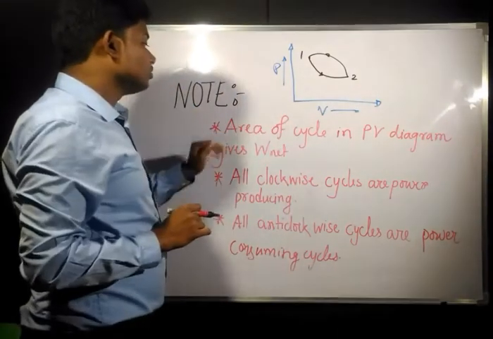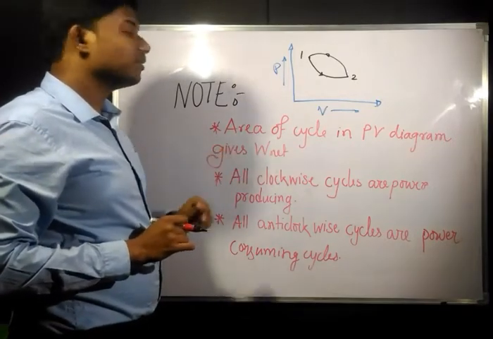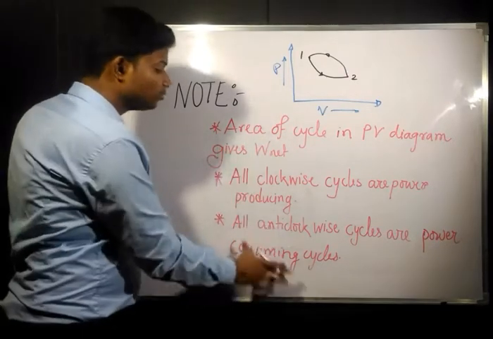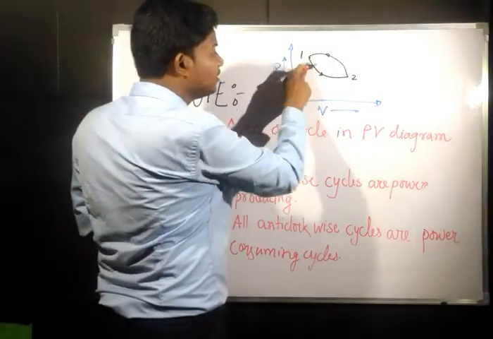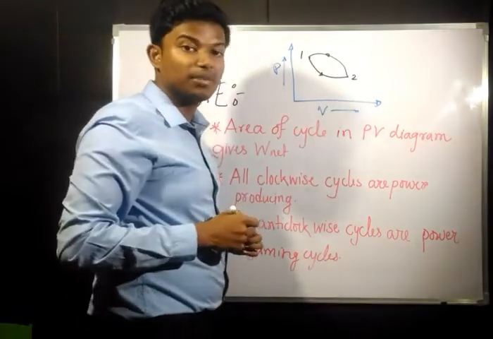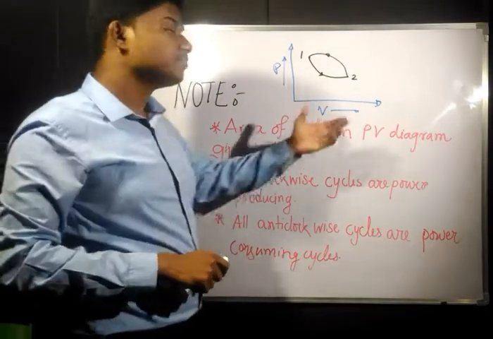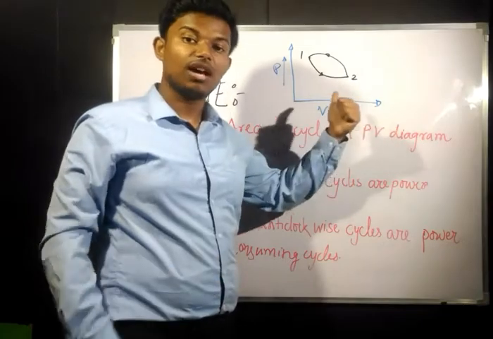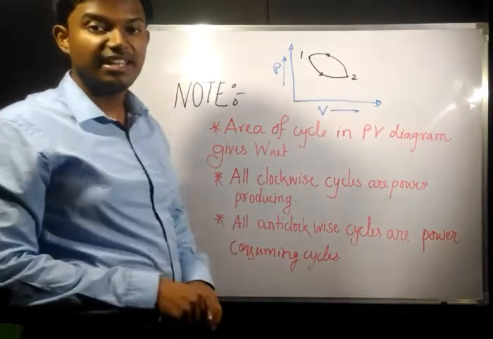Now the area of the cycle is going to give W net, and all these points are going to be discussed here. If we see, the process 1 to 2 is going to be an expansion process. We have told in the previous video that expansion processes are always positive and compression processes are always negative.